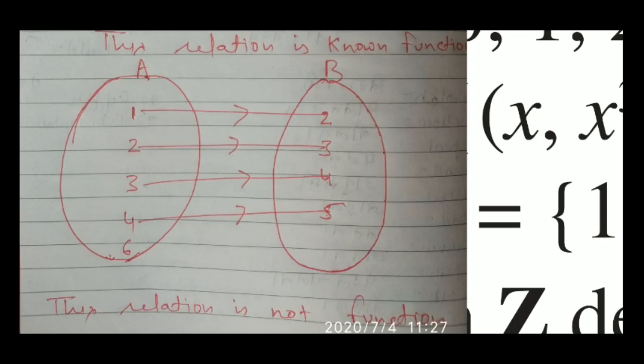But you will see here that 6 has no image in set B. According to the definition of a function, every element of set A has one and only one image in set B, but 6 does not have any image in set B. Therefore, this relation is not a function.